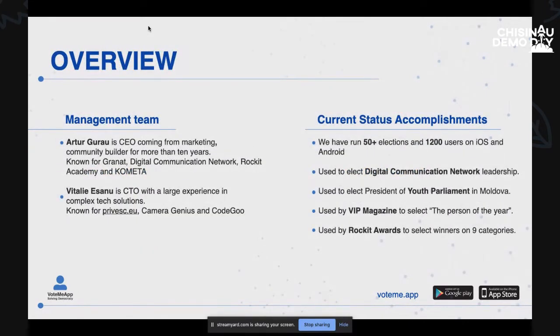We are a team of two experienced co-founders with a track record in business development and startups. Currently, we have organized more than 50 elections with more than 1,200 users on both iOS and Android.